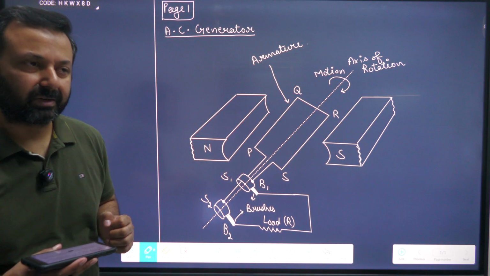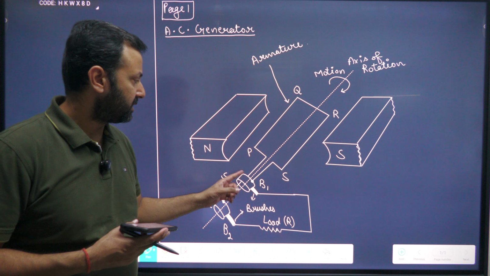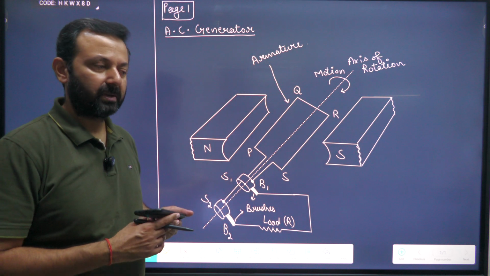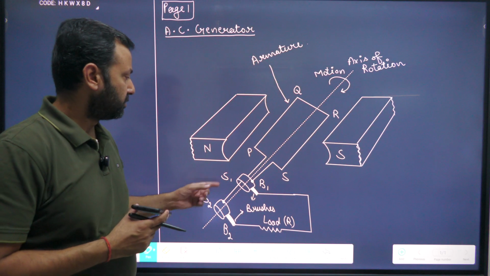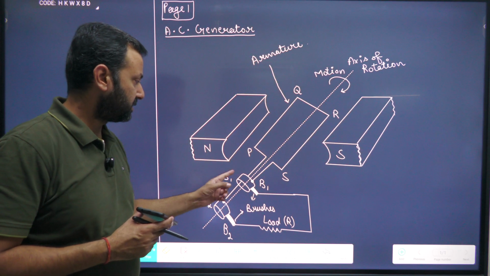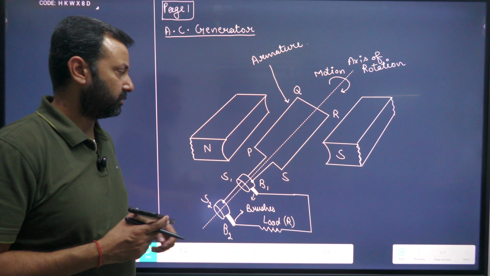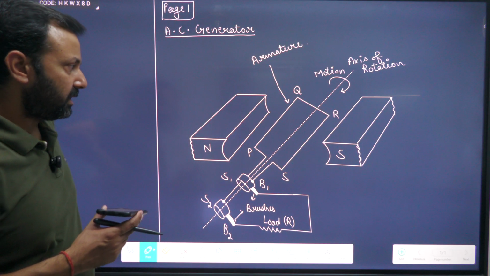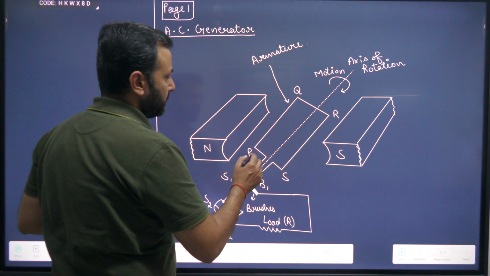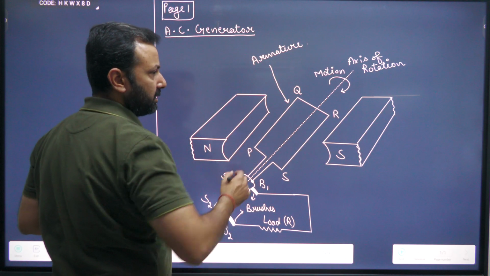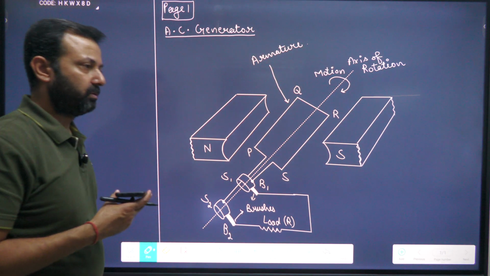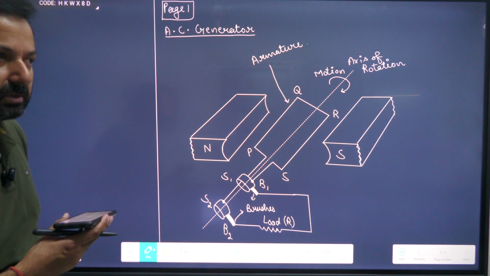Third is slip rings. This ring is just like the bangles which we wear on our hands. First is S1 and second is S2. How is it constructed? This PQRS is a rectangular coil, and we have to construct a closed coil.